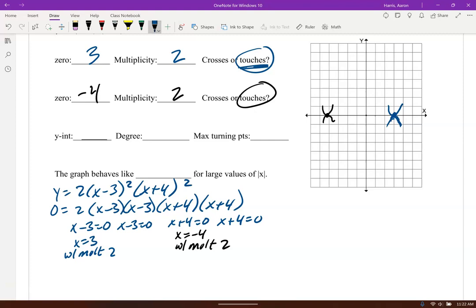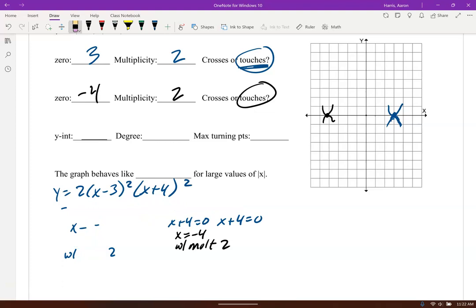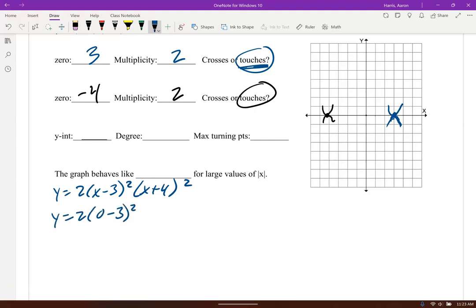Let's go ahead and find our y-intercept by letting x be 0. Let me erase this. Give me a little room here. Well, -3 squared is 9, 4 squared is 16.